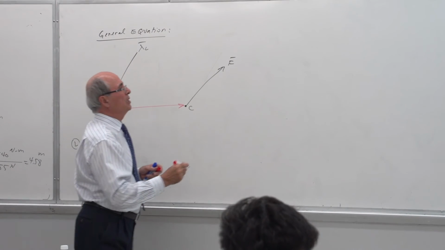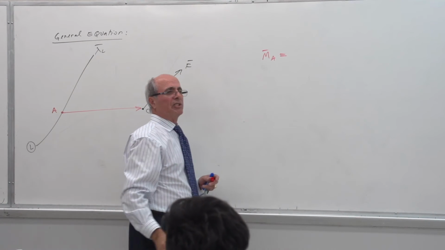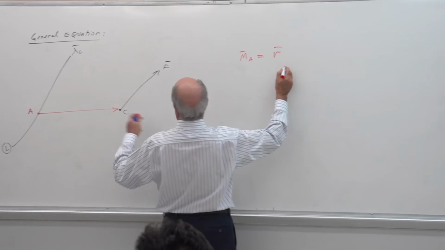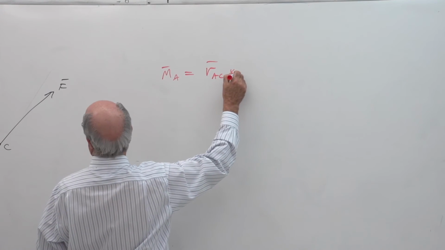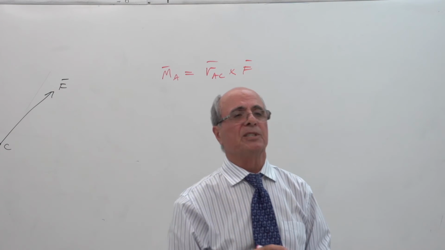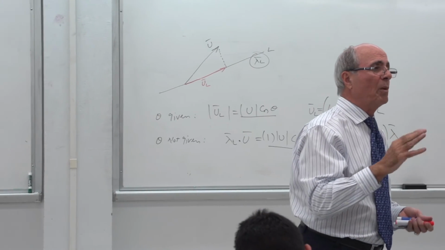Yes or no? So please write it down. MA, I put it in red because the result is in red, MA equal to R_AC cross product F. This is what you asked me earlier, and that was the first answer. Is that correct or not? But that's not the moment about the line.